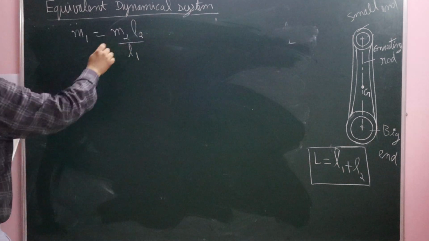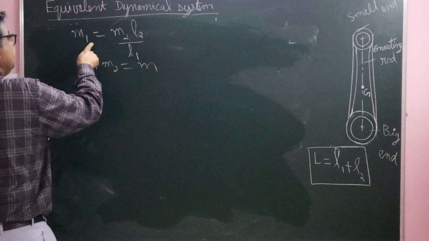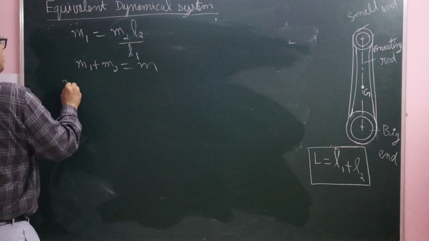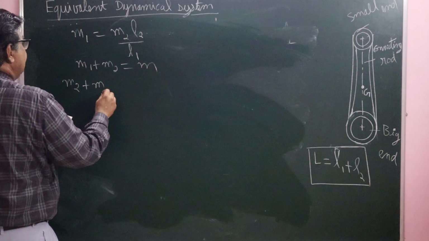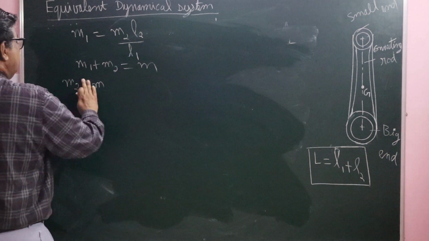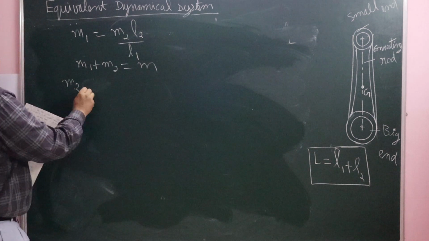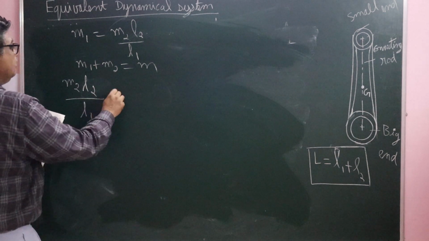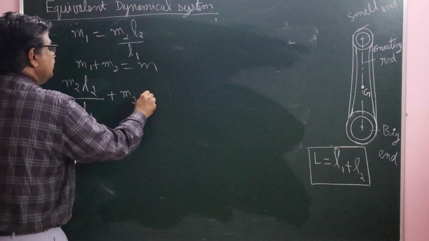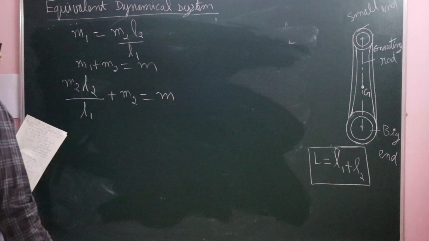From the second condition, m1 L1 equal to m2 L2. From that I can write m1 equal to m2 L2 by L1. Therefore substitute this in m1 plus m2 equal to m. It becomes m2 L2 divided by L1 plus m2 is equal to m.